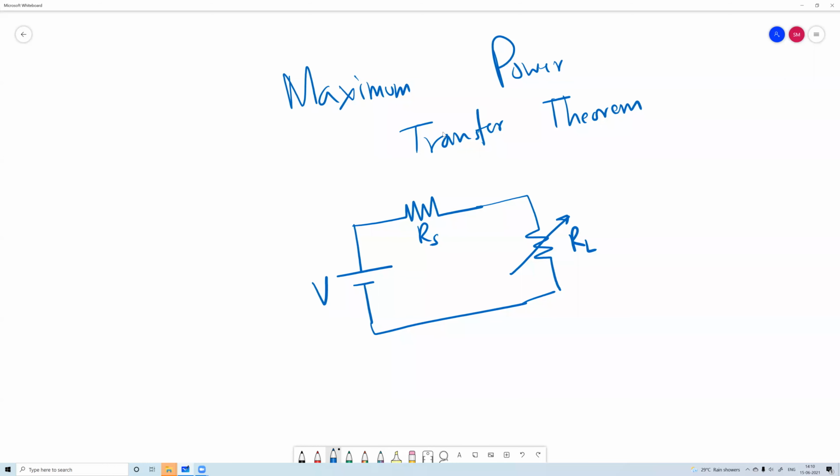Obviously, some power will be dissipated by the load resistor, yes or no? Okay. So for what value of RL would this be highest?